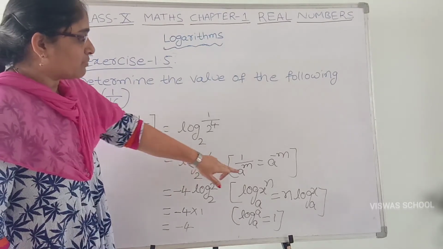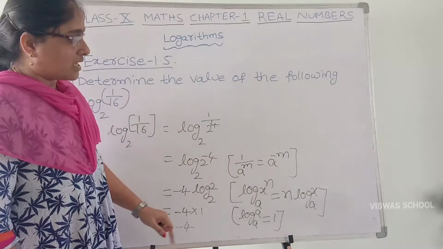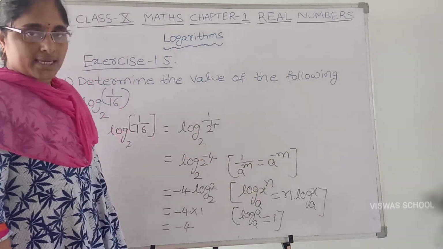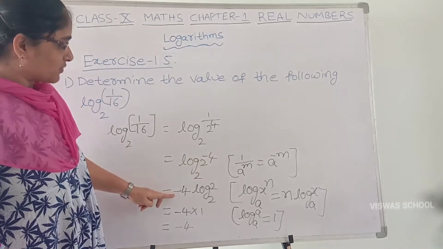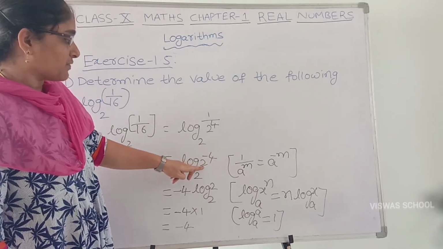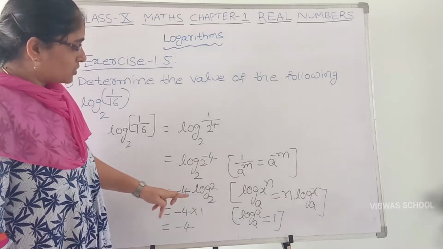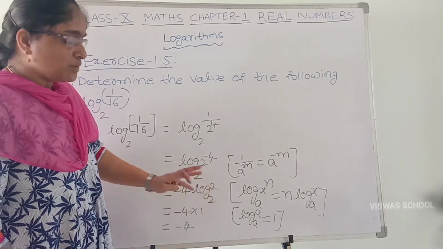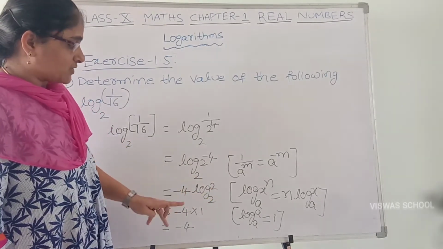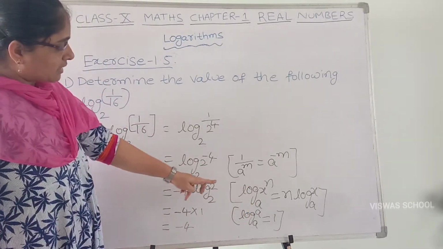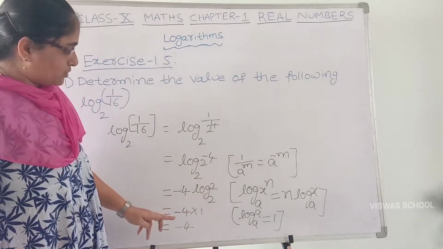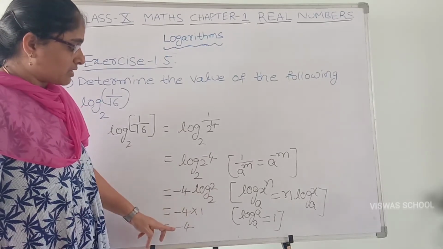Now it is in the form log x to the power of n base a equals n into log x to the base a. Here the n value is minus 4, that is minus 4 into log x base a, meaning the x value is 2 and the a value is also 2. Now it is minus 4 into log 2 base 2. Now it equals minus 4 into log a to the base a equals 1. In the same way, log 2 to the base 2 equals 1. Minus 4 into 1 is equals to what?